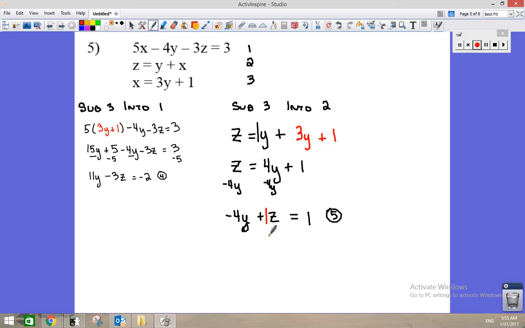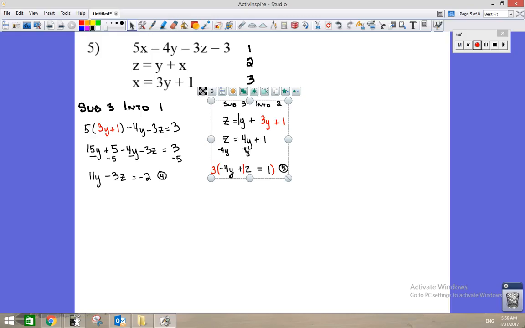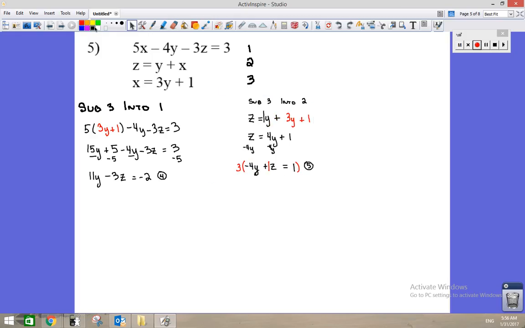So in order to eliminate it, my Christmas wish is that this 1z was a positive 3z. So I'm going to multiply both sides of this equation by the number 3. So let's see what that does for us. When every term in this equation gets multiplied by 3, we have negative 12y plus 3z is equal to 3.